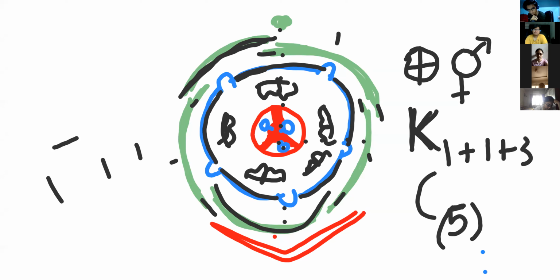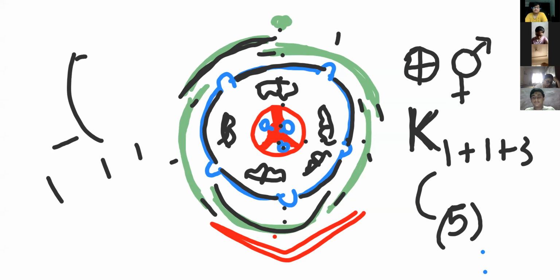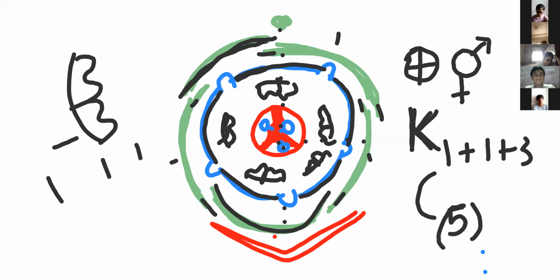Ma'am, 5. Ma'am, 10. See, this is the one single. No, ma'am, 5. Wait, don't keep confusion. This is the entire one stamen. So total 5. Are they free or fused? Fused, ma'am. Where is it fused? Attached with what, tell me.